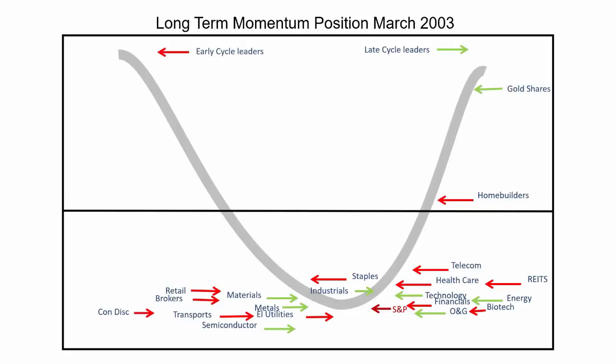But these are general tendencies: in most cycles you'll find that home builders lead, and in most cycles you'll find that telecom leads, and in most cycles you'll find things like semiconductors or oil and gas lag. But as you can see, basically speaking, all these sectors were positioned where they could rally and support a bull market.